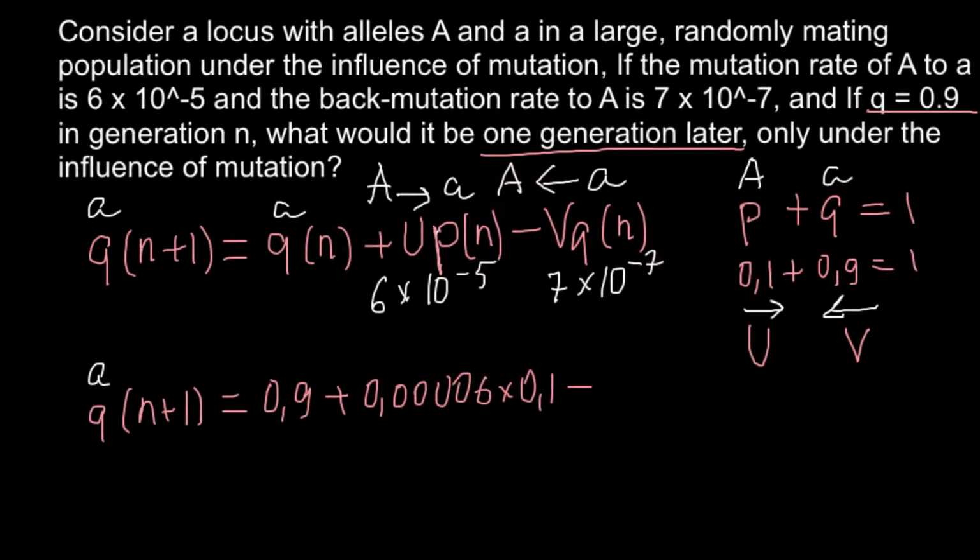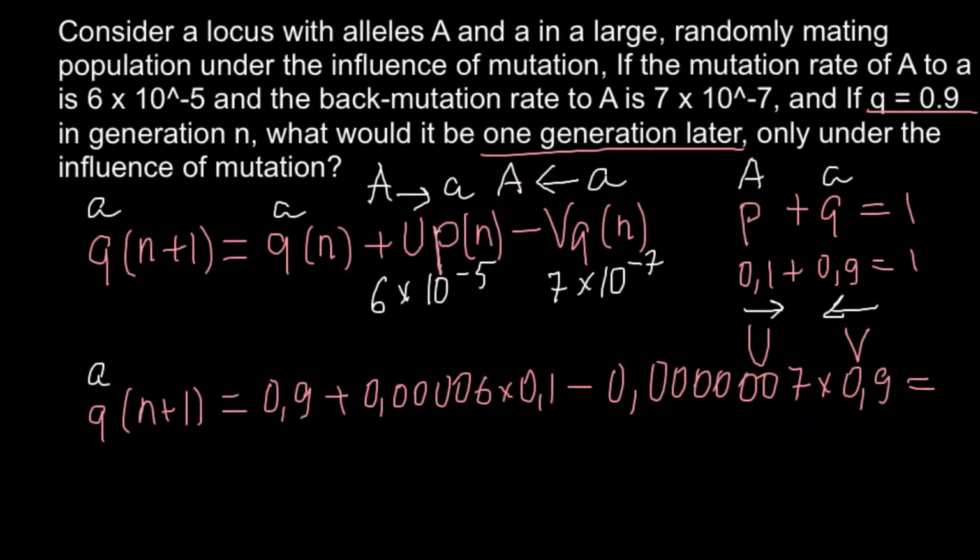We can also express it as a decimal number, so this is going to be 0.0000007 multiplied by Q, and Q stands for the recessive allele A, and the frequency would be 0.9, so Qn, and this means in the current generation.